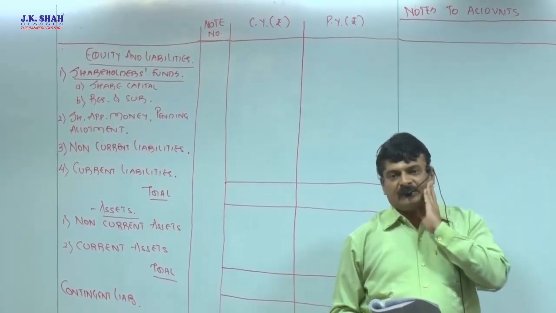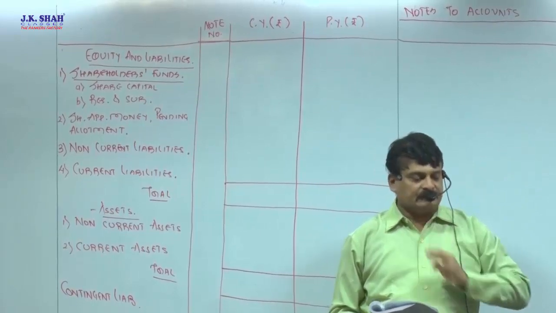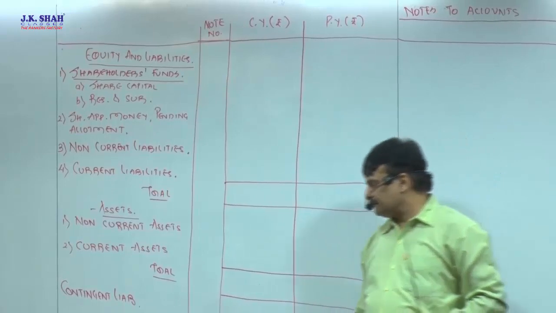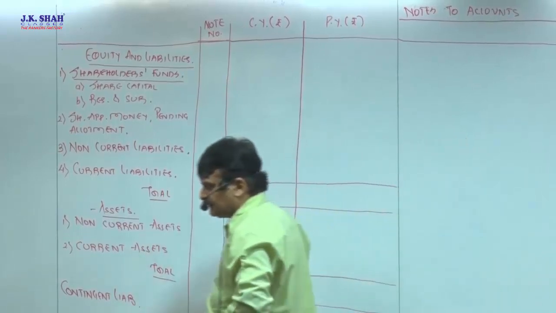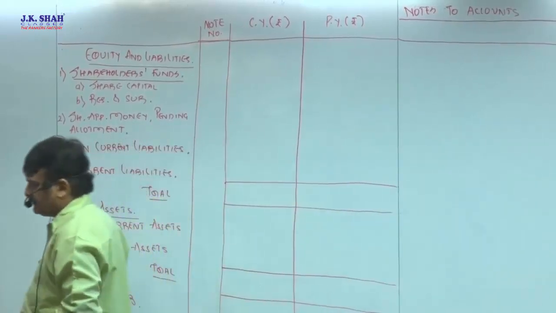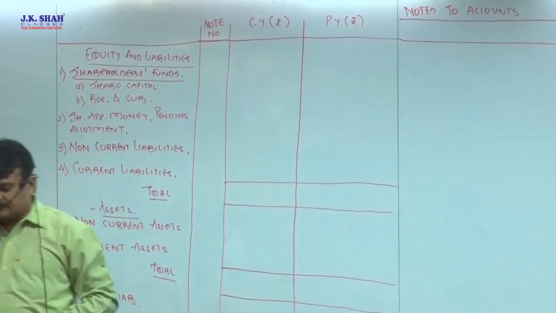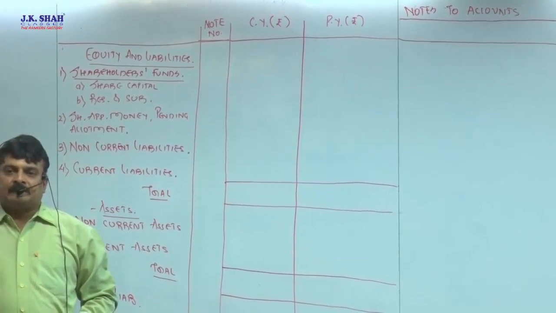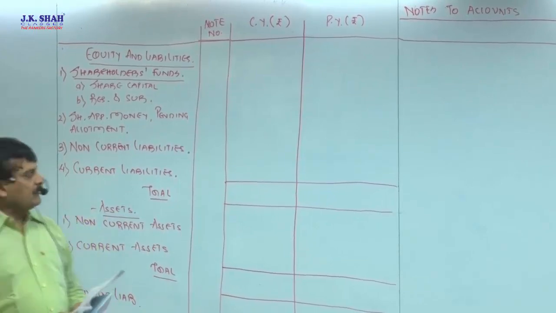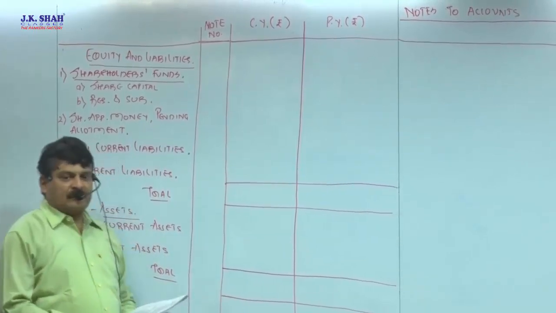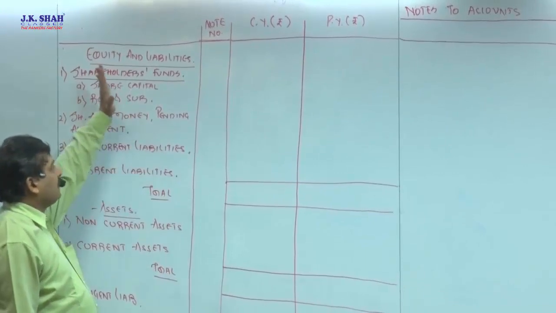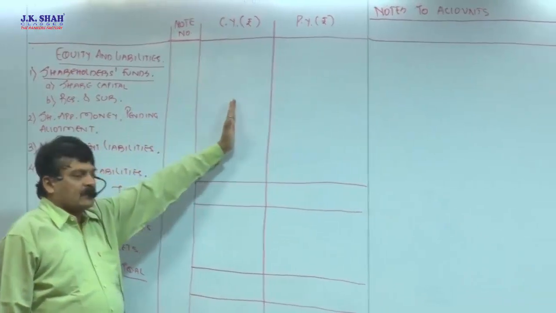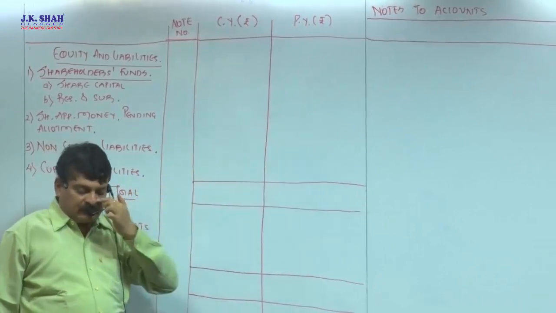Keep your textbook open, students. Ready, everyone? Look into your textbook. Prepare on the first page this format. Big space for particulars, note number, current year rupees and previous year rupees. Full page.